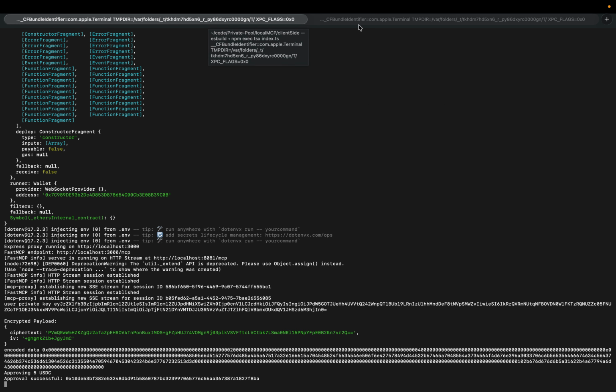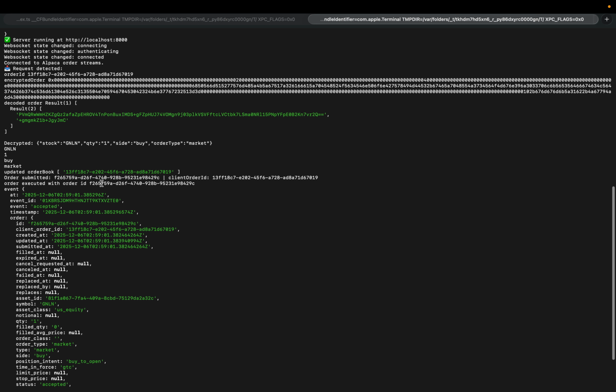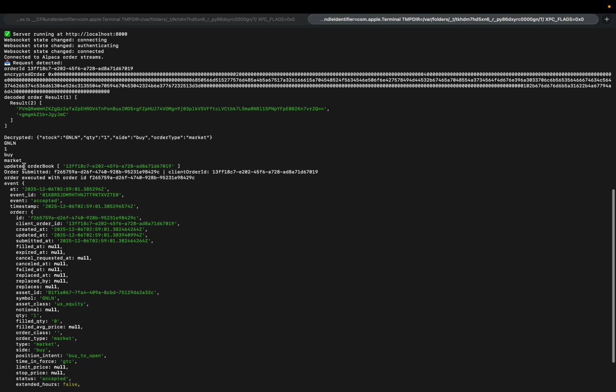You can see the backend has detected the order and has decrypted the order. You can see GNLN stock, one quantity, side buy, and order type is market. This is decrypted by the backend, which was sent by the client in an encrypted form. And the backend has updated its order book with the order ID only.